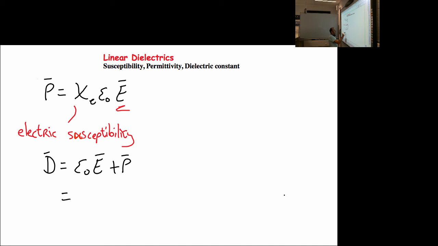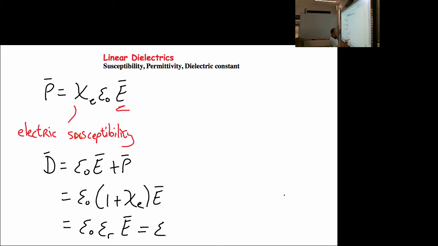And now we can write this out as epsilon naught times (1 plus chi) times the electric field, which would be equal to epsilon naught times epsilon r, where epsilon r now is the relative permittivity, times the electric field, which is equal to epsilon times the electric field. Epsilon is the permittivity.